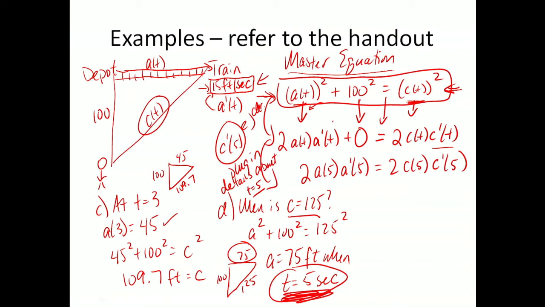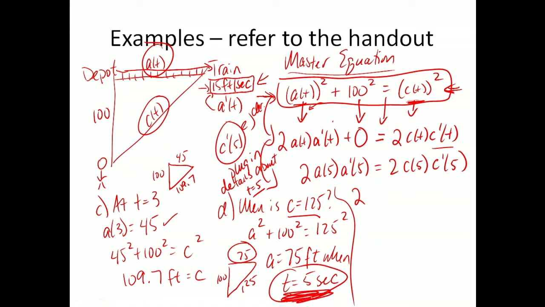Now, my hope is that I know what most of these things are, and I'm kind of in trouble if I don't. But I think I do. So let's take a look. What do I get? I get 2. What's a of 5? A is the top side. And at time 5, how far has the train moved?